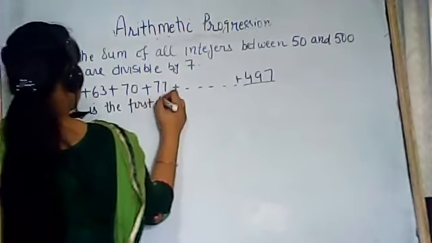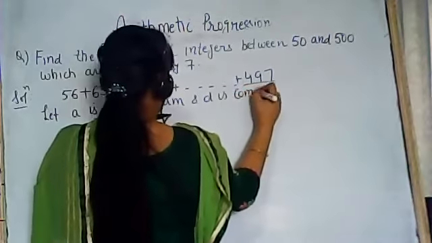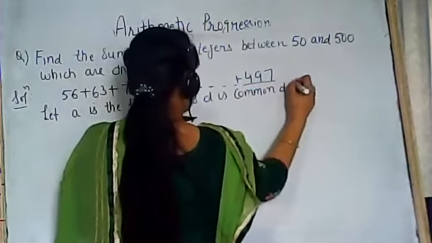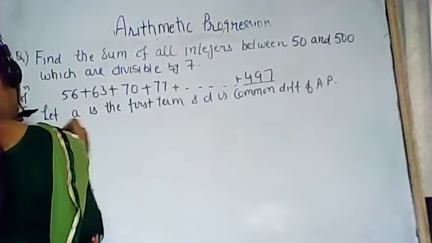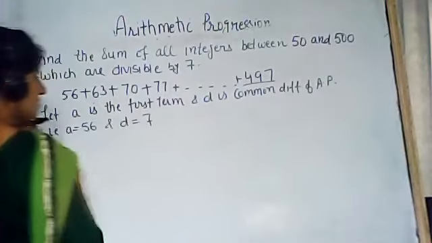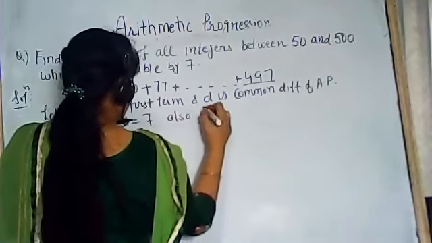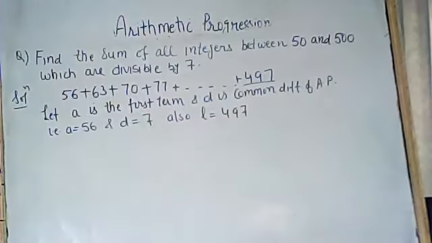Let a be the first term and d the common difference of the AP. That is, a equals 56 and d equals 7. Also, the last term is given, which is equal to 497. Now, what is step number 1?